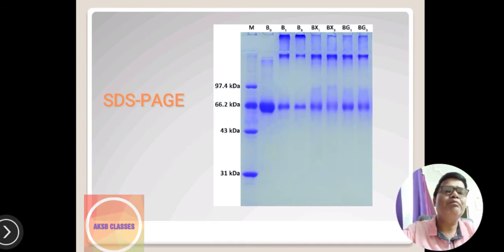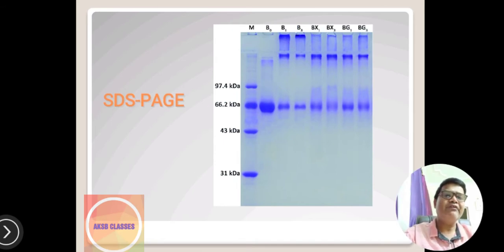Through the marker, M, the different sizes are given in the gel: 97.4 kilodalton, 66.2 kilodalton, 43 kilodalton and 31 kilodalton. It means the lower molecular weight, the lower size protein moves fast, and the higher size protein moves slow from the well of the protein gel.